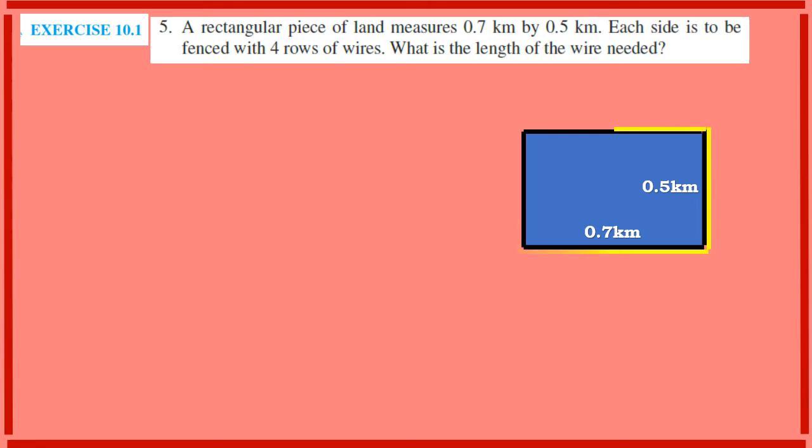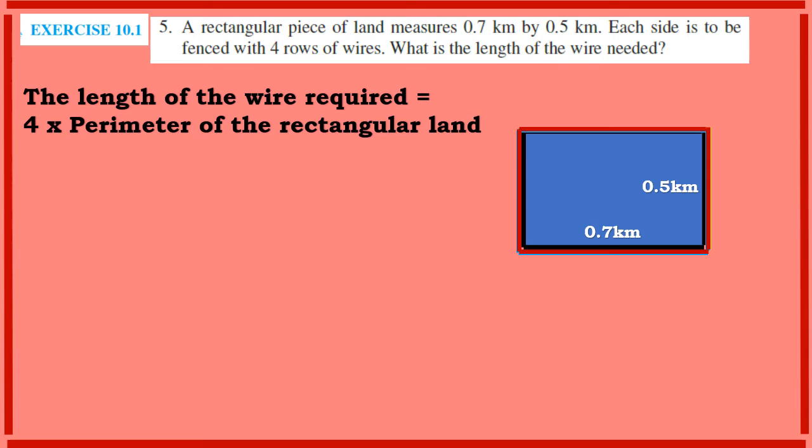So to find the length of the wire required, what we have to find? The length of the wire required is equal to 4 into the perimeter of the rectangular land, because 4 rounds we have to do.